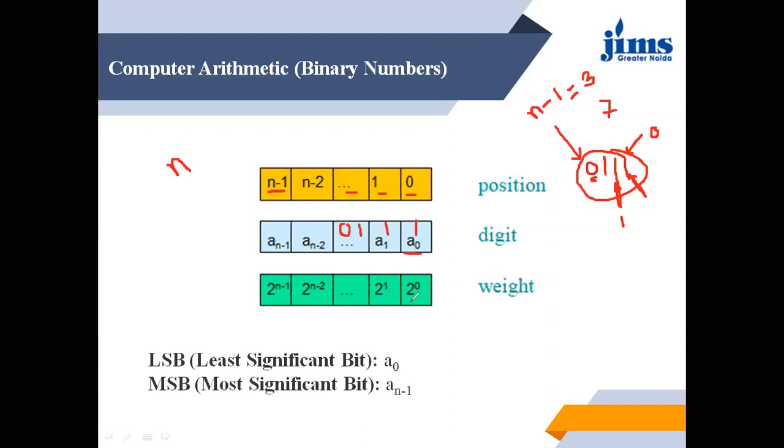So when we calculate the value of the digit A0 at position 0, as we are studying binary numbers, this is 2 raised to the power 0. For the first position it is 2 raised to the power 1, and for the last position it is 2 raised to the power n minus 1, as the weight depends on the position.